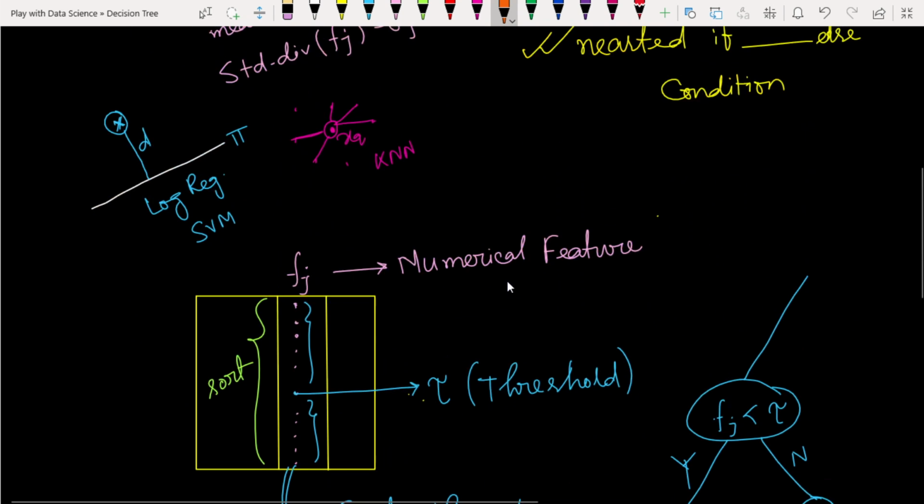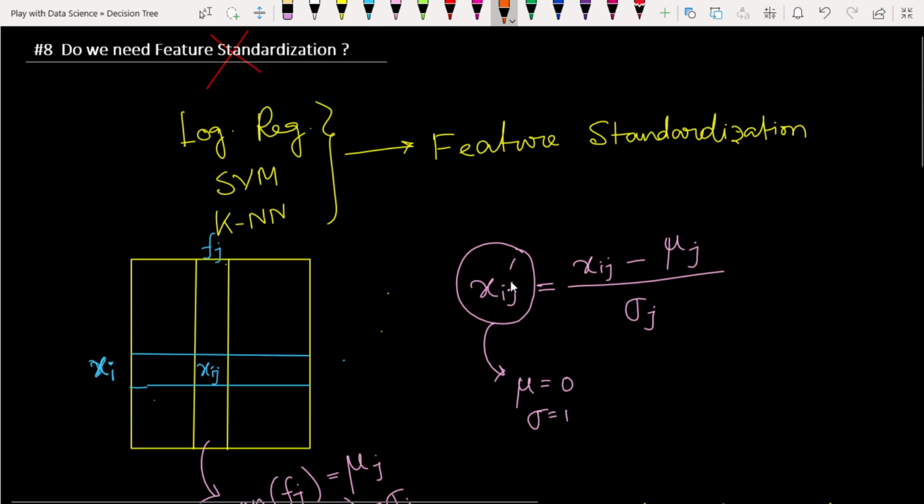This is the main reason for decision trees. Only because of these reasons, we don't need any feature standardization to the same scale.